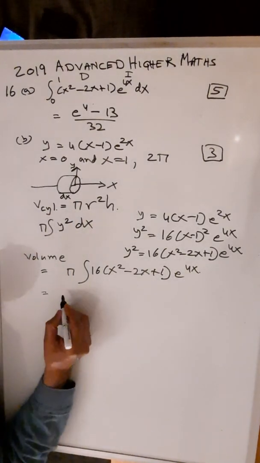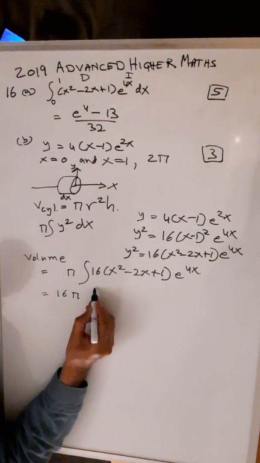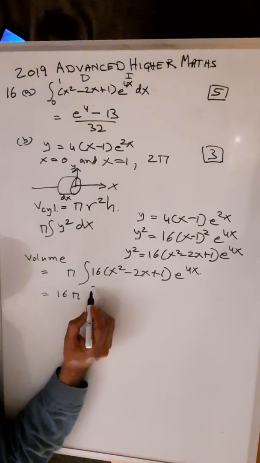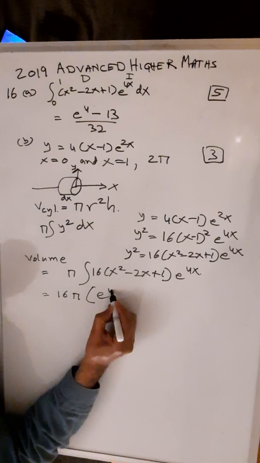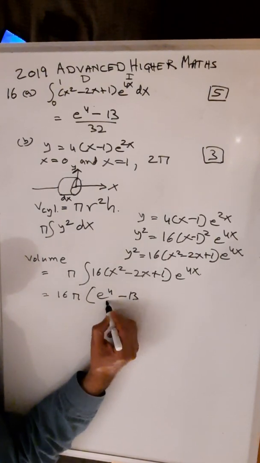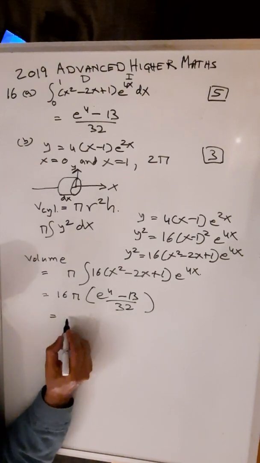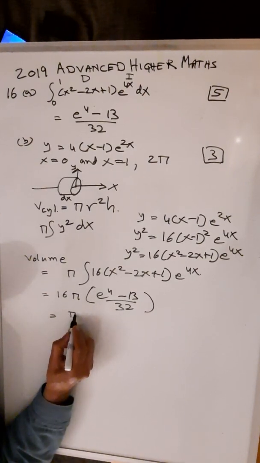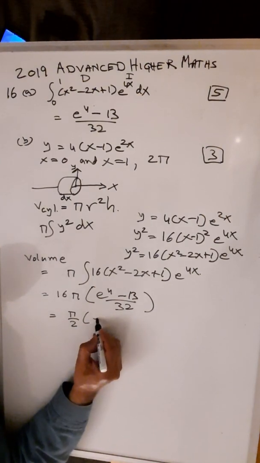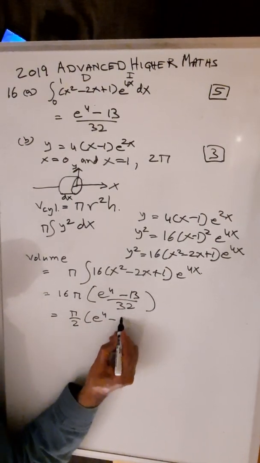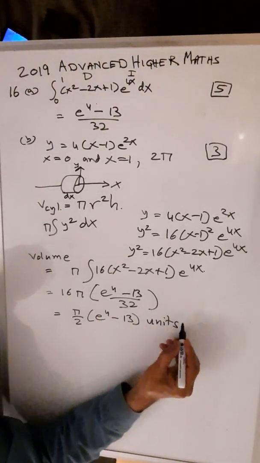You put that in, so what you basically have is 16 pi times what you already found in part A, 16 times e to the 4 minus 13 over 32, and this just gives you a half, pi over 2 times e to the 4 minus 13 units cubed. That's the volume.